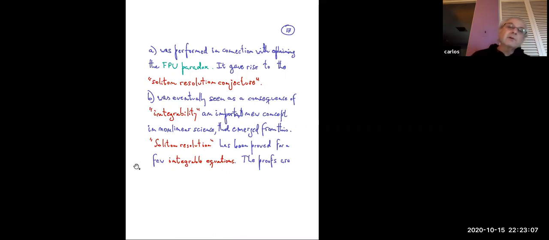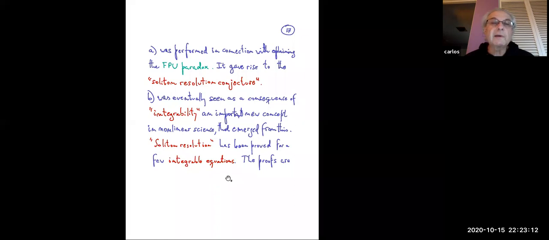Now, soliton resolution has been proved for a few integrable equations. Integrable equations are nonlinear equations that can be reduced to solving a collection of linear problems. They're very important because they do appear in very important nonlinear phenomena, but this is not a generic phenomenon.